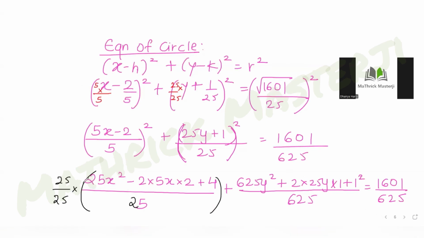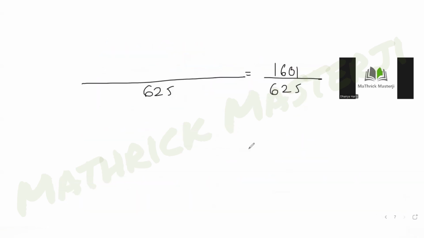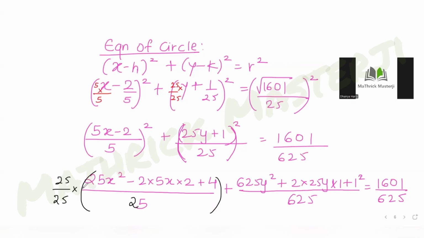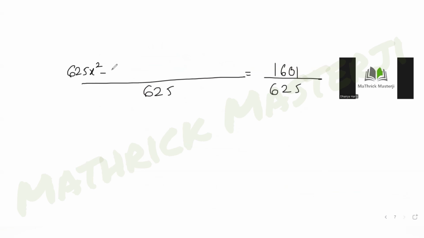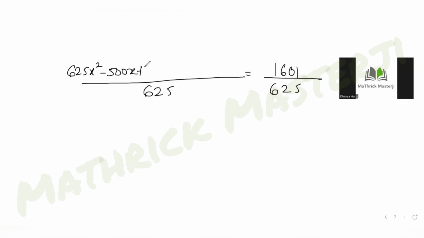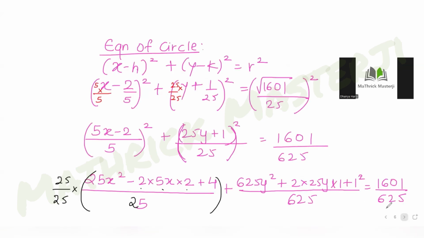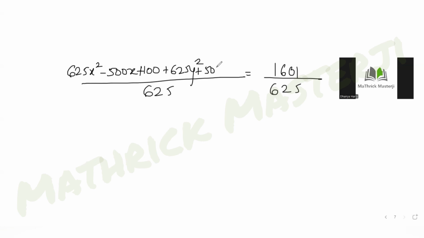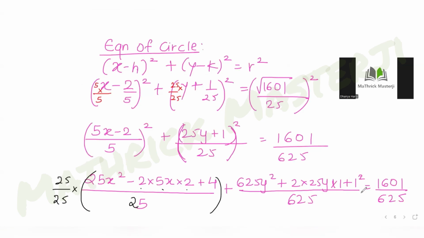Now, if I see my left hand side, 25 times 25, 625x square, minus 2 times 5, 10, 10 times 2, 20, 20 times 25 is 500, minus 500x plus 25 times 4, which is 100, plus 625y square plus 50y and plus 1.